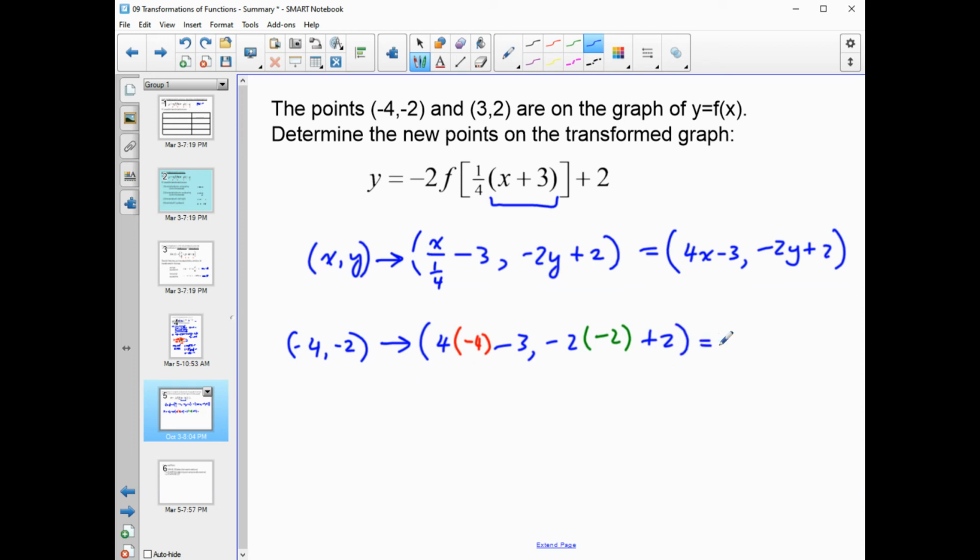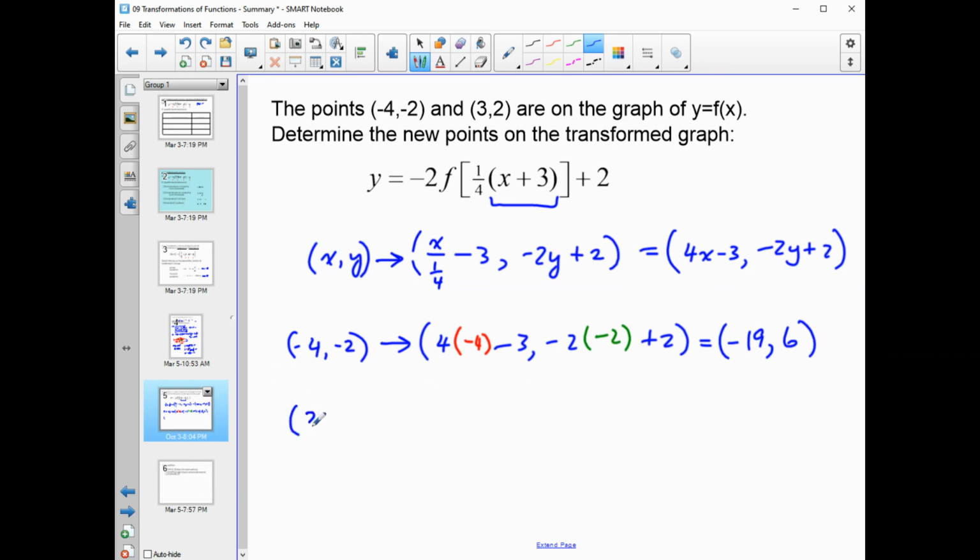And what does this point turn out to be? 4 times -4 is -16, minus 3 is -19. That's the new x coordinate. And then -2 times -2 is +4, plus 2 is 6. So (-19, 6) is the new point. (-4, -2) turned into (-19, 6).